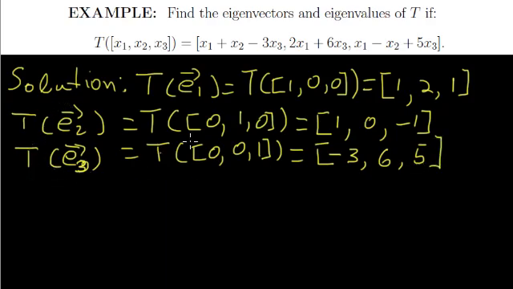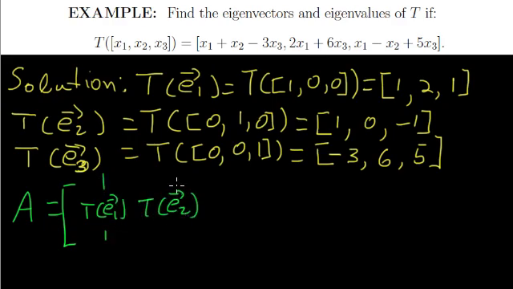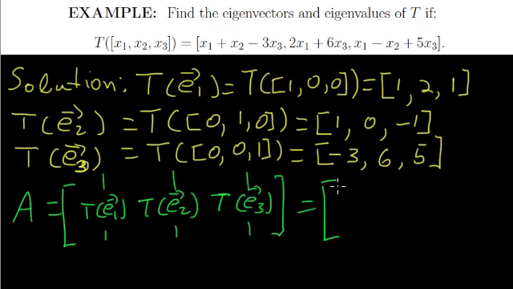So the standard matrix representation of T is the matrix A, which has as columns T of E1, T of E2, and T of E3 in this order. That is the matrix 1, 2, 1, 1, 0, negative 1, and negative 3, 6, 5.